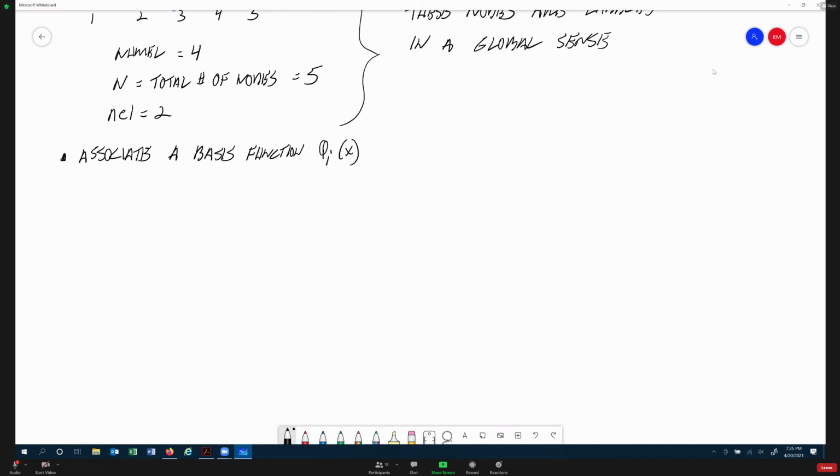So remember, we're still talking about 1D. We're keeping this simplified to one-dimensional right now. So we're going to associate a basis function, phi of x, to each node. And I'm just going to call that I because we could have however many.